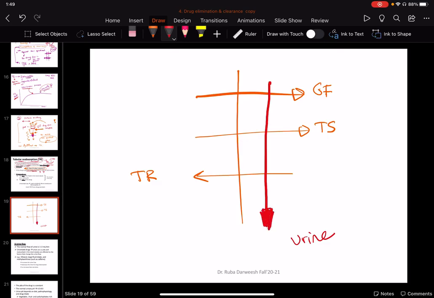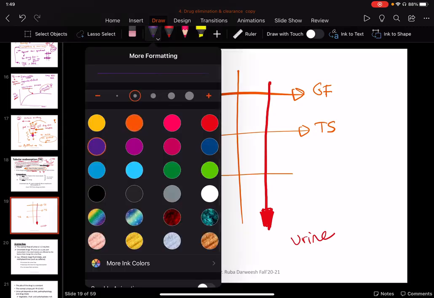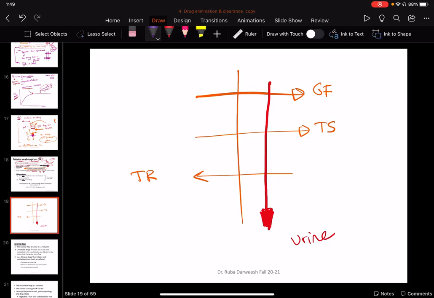We said that one case in which the clearance would be equal to zero is if the drug is completely filtered, but completely reabsorbed.